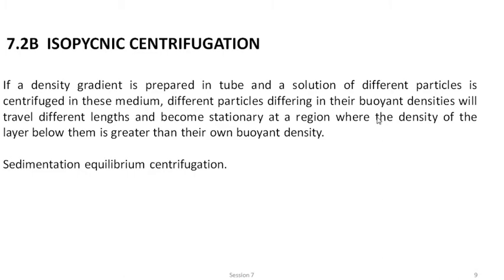Okay, let me just repeat it once again for you. It's very simple. If a density gradient is prepared in a tube, and a solution of different particles is centrifuged.